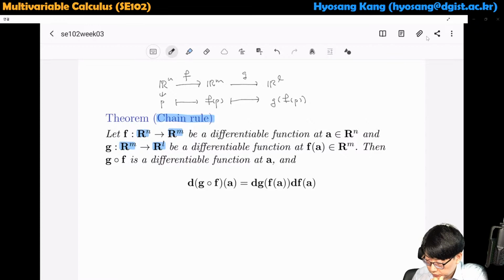Okay, I want to take a differential of this map which sends P to this point. Then that differential is the same as the matrix multiplication of two differentials. One is from G and the other is from F. This is matrix multiplication.